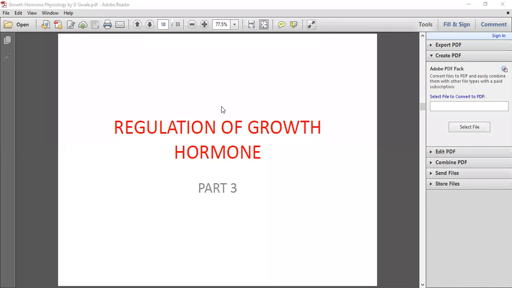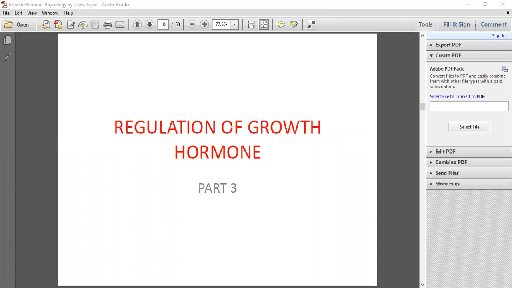Regulation of growth hormone. All hormones are regulated, not only hormones, many physiological processes. That's what we call homeostasis. So in other words, we are talking about homeostasis of growth hormone. What factors maintain the normal levels of growth hormone in the body?